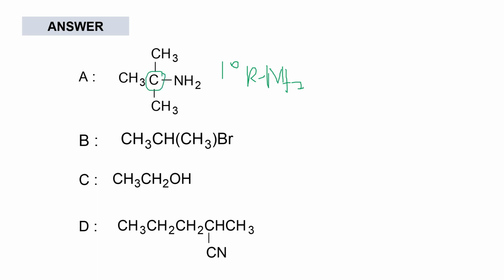For B, the X could be either bromine or chlorine, and for C, reactions with alcohol, so substitution of chlorine with the alkoxide ion to form an ether. And then D, substitution of the cyanide ion for bromine to form a nitrile compound.